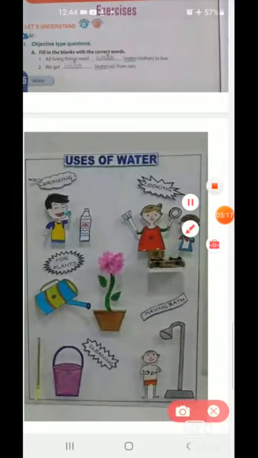Let's read it. We use water for drinking, cooking, for plants, having a bath, and cleaning.